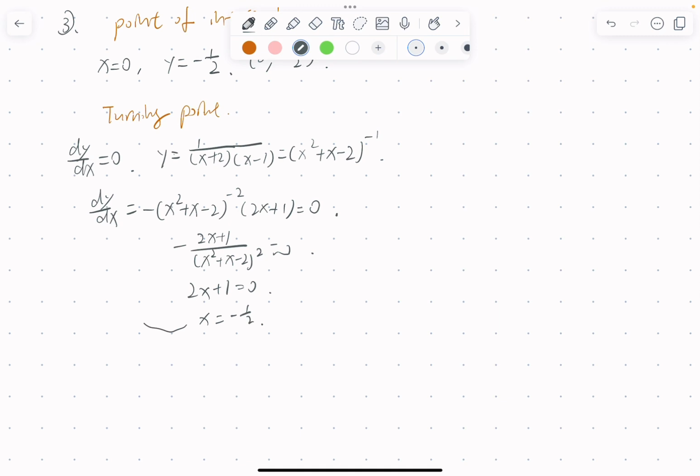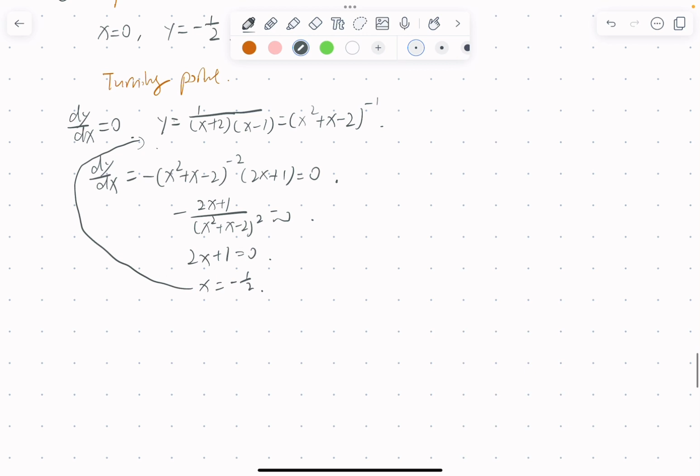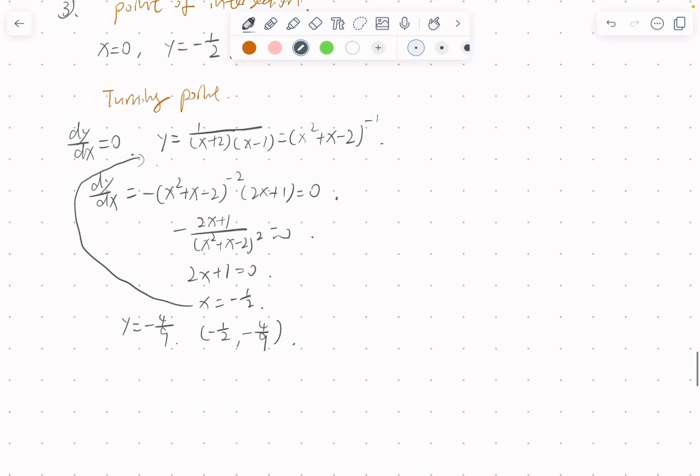If we substitute x into the original function, we easily find y equals minus 4 over 9. So the turning point is (minus 1 over 2, minus 4 over 9).